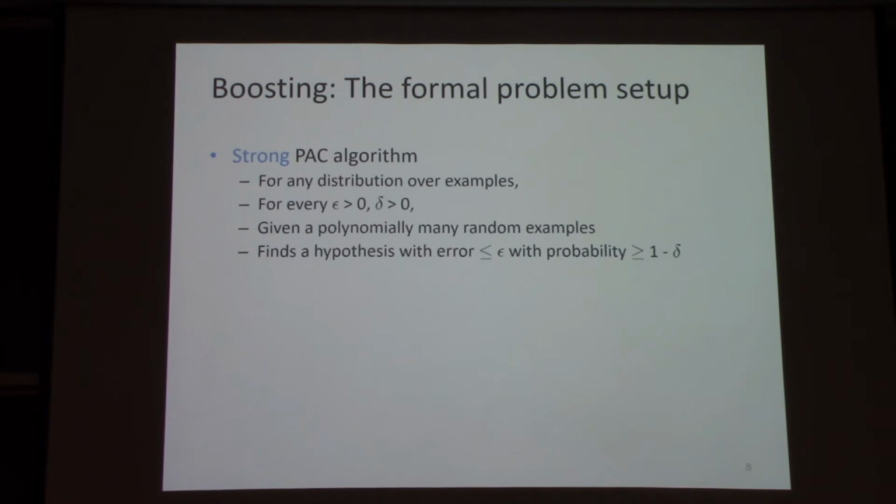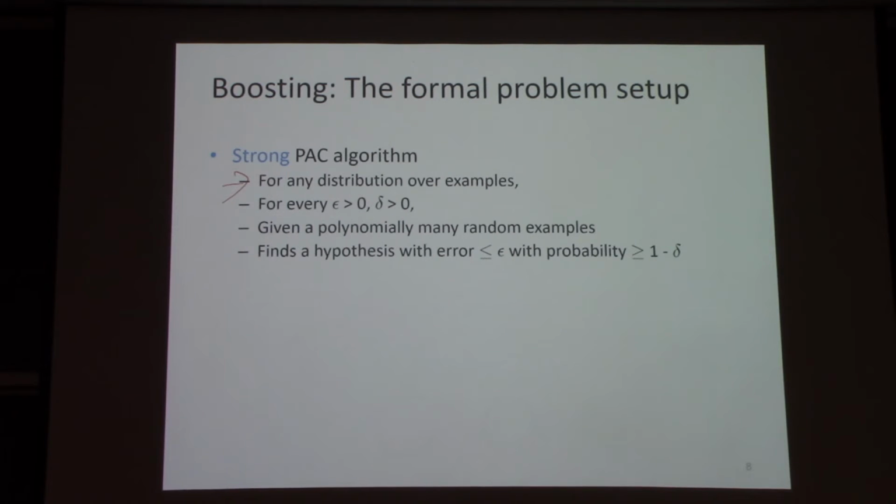I'm going to call a PAC algorithm a strong PAC algorithm if, in some sense, it's the stuff that we saw last week, if for any distribution over the training set, for every epsilon and delta, which means for epsilon and delta that are as small as can get, arbitrarily small, with only a polynomial number of examples, your strong PAC algorithm will find a hypothesis whose error is less than epsilon, and it will find this hypothesis with probability 1 minus delta.